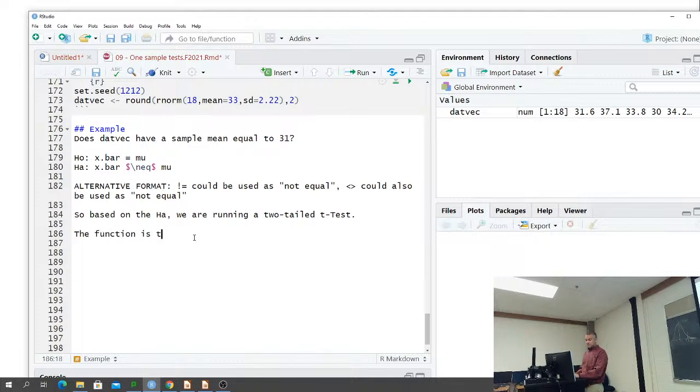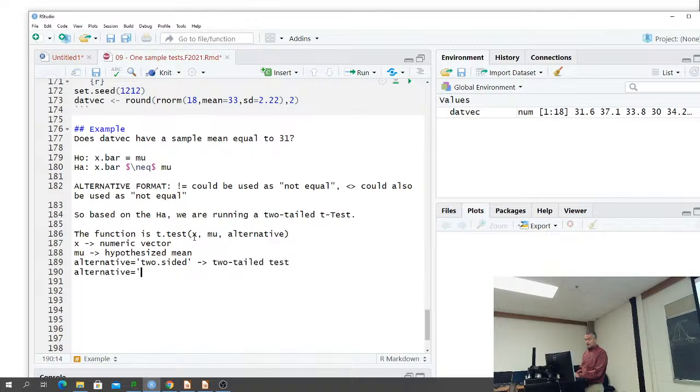The function is t.test, lowercase, x, mu, and then alternative. All right, so x, that's our numeric vector. Mu is the hypothesized mean. All right, and then alternative equals two-sided gives two-tailed test.